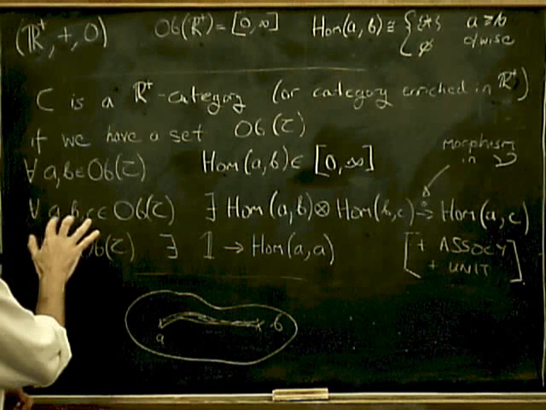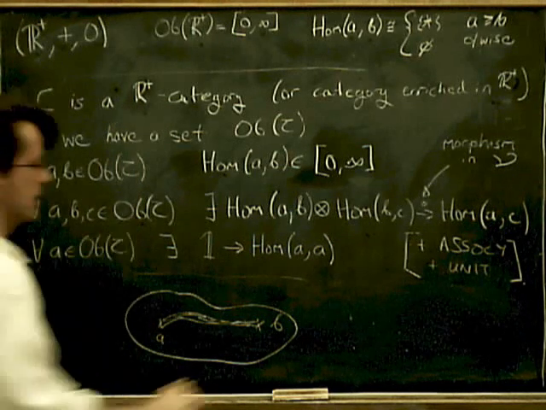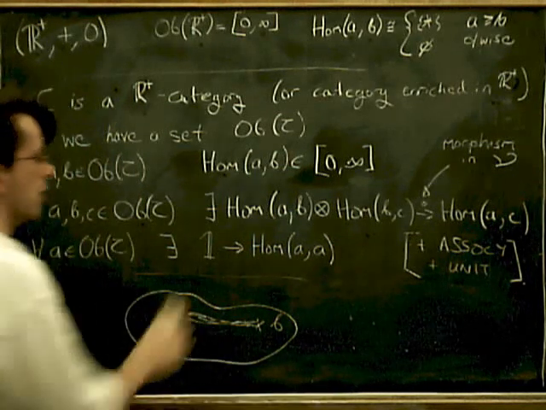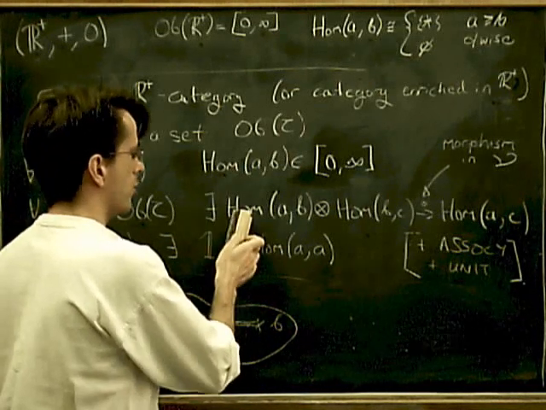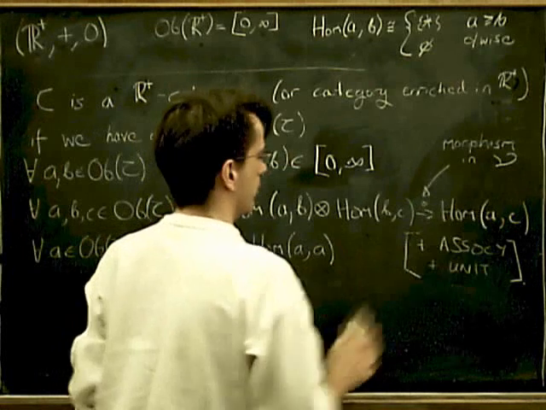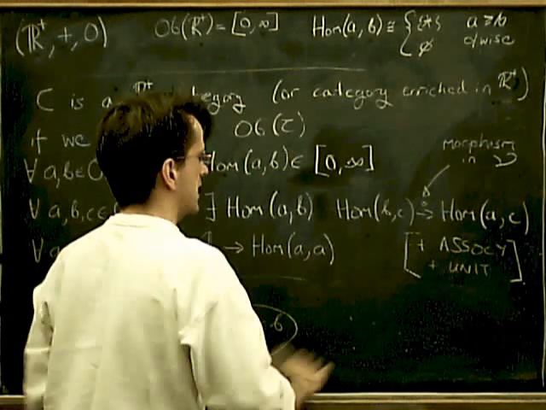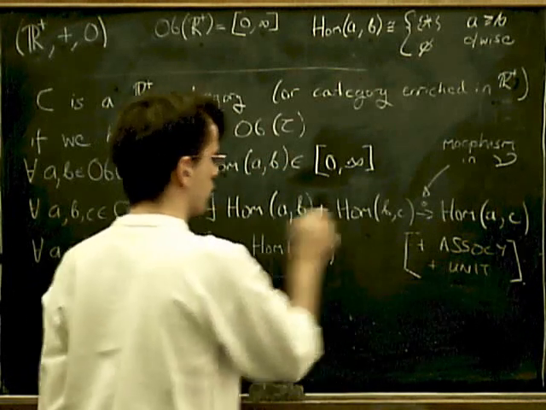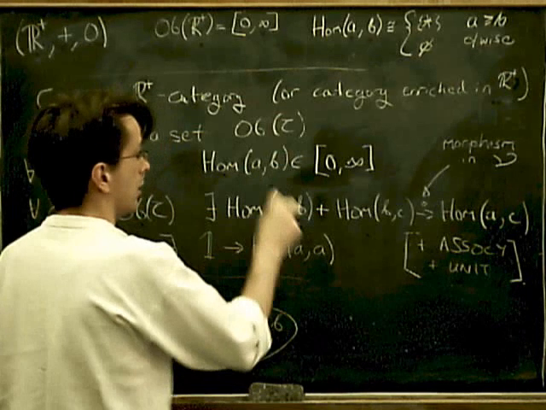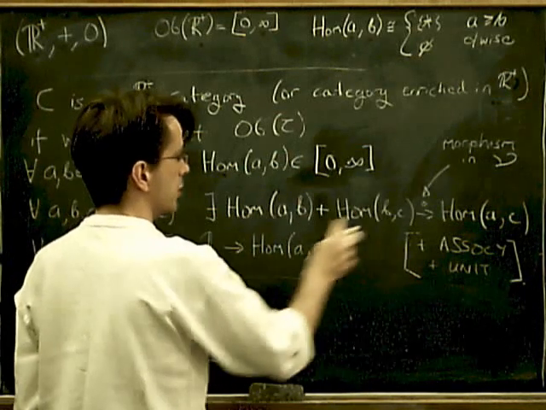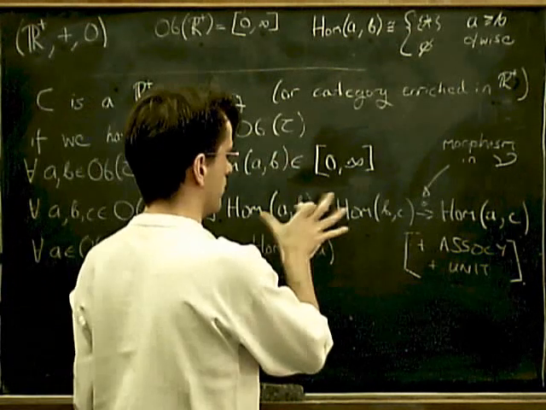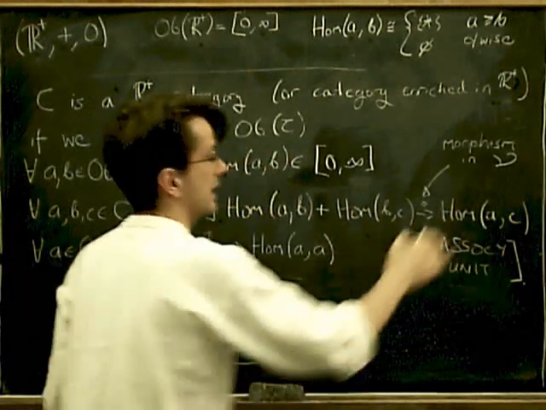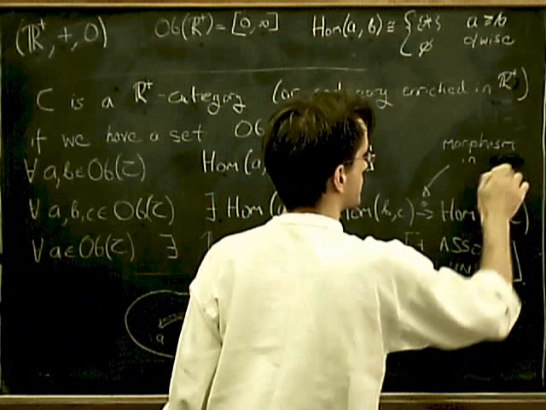Okay. So then we need composition. For all triples in the set of objects of C, we need a morphism from HOM tensor HOM to HOM. So tensor we just know is plus. These are all elements of R plus, so the HOMs are all numbers. So there exists a morphism from something to something else inside R plus.